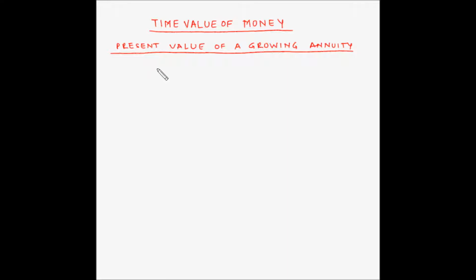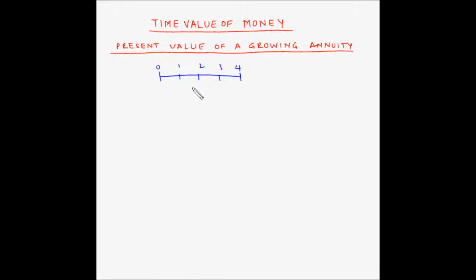Now, as we have seen in the previous videos, in case of an annuity, the cash flow is constant throughout the time frame. For example, a typical annuity will be something like this: 0, 1, 2, 3, 4.